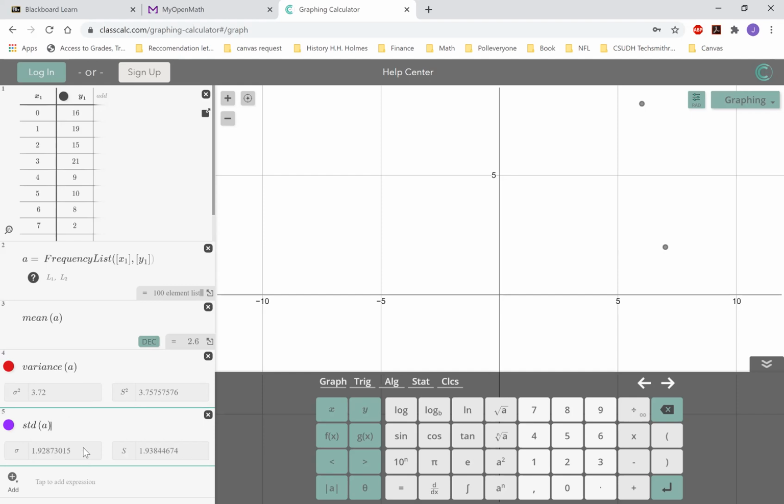So for this one, we'll say the mean is equal to 2.6, our variance is equal to 3.72, and the standard deviation is equal to 1.93. And that's it for that last problem.